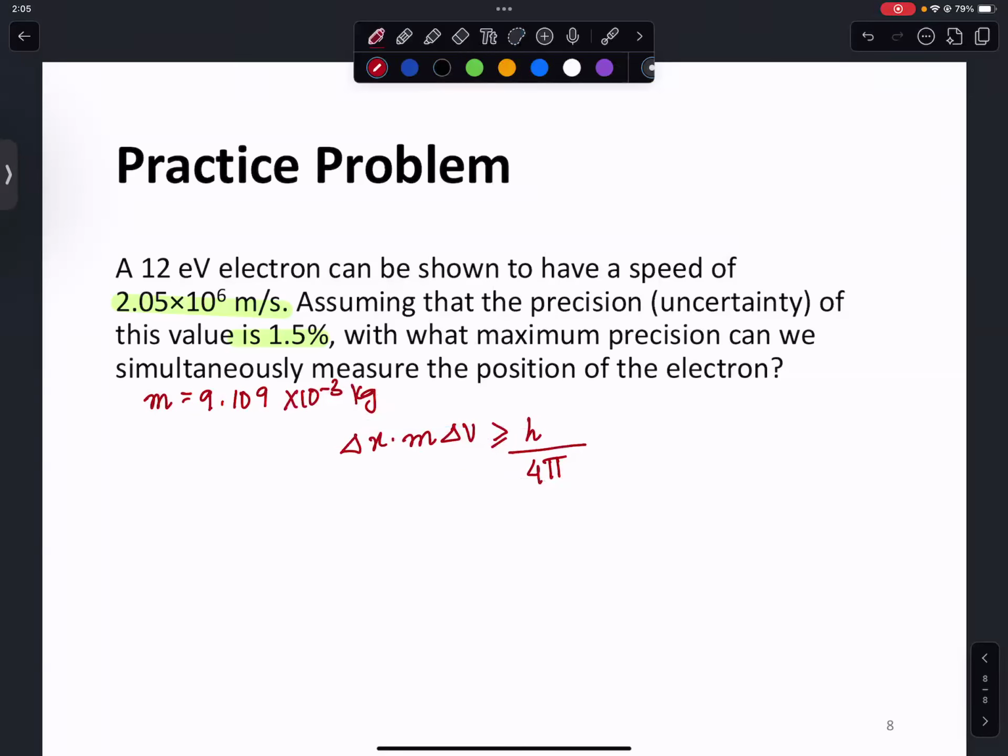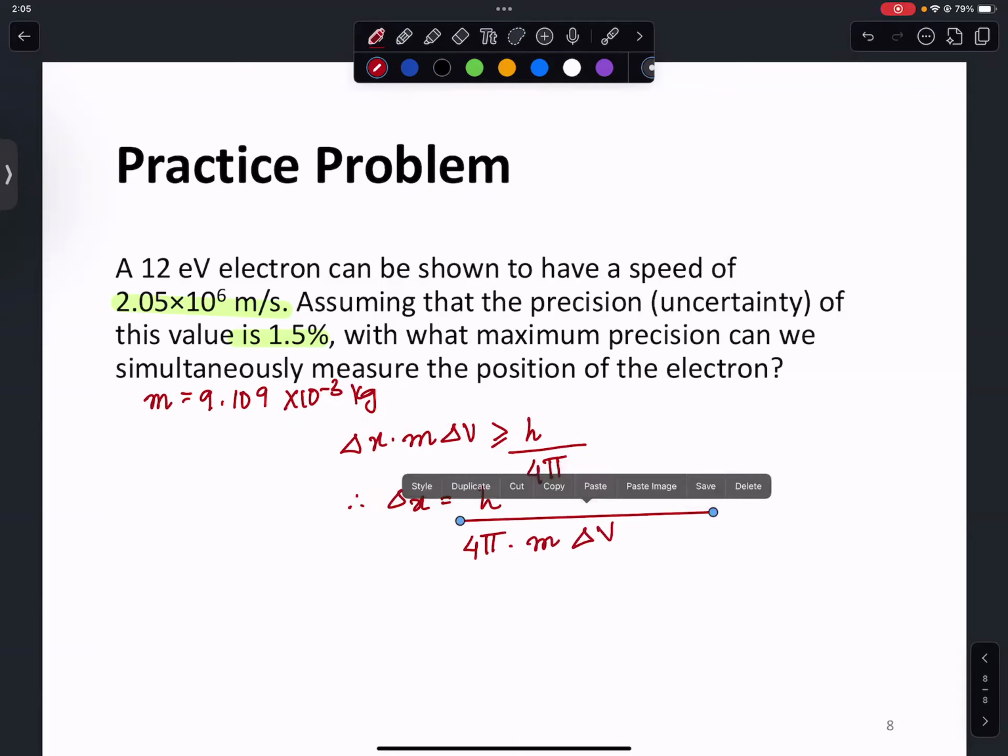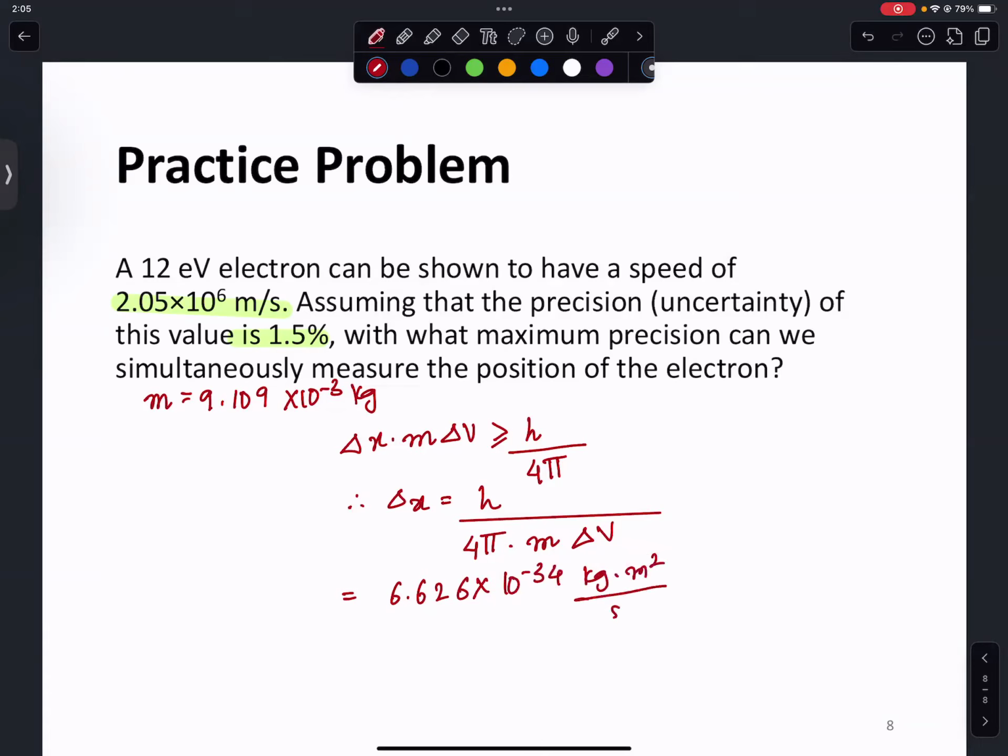Okay, so if I again rearrange, it'll be h over 4 pi times mass times change in velocity, which equals 6.626 times 10 to the negative 34 kilogram meter squared per second, divided by 4 pi times 9.109 times 10 to the negative 31st kilograms.